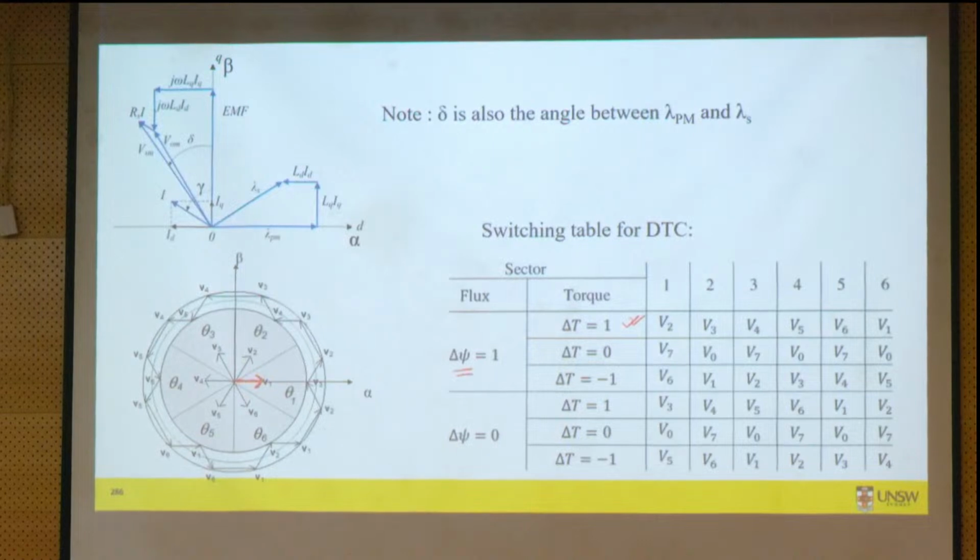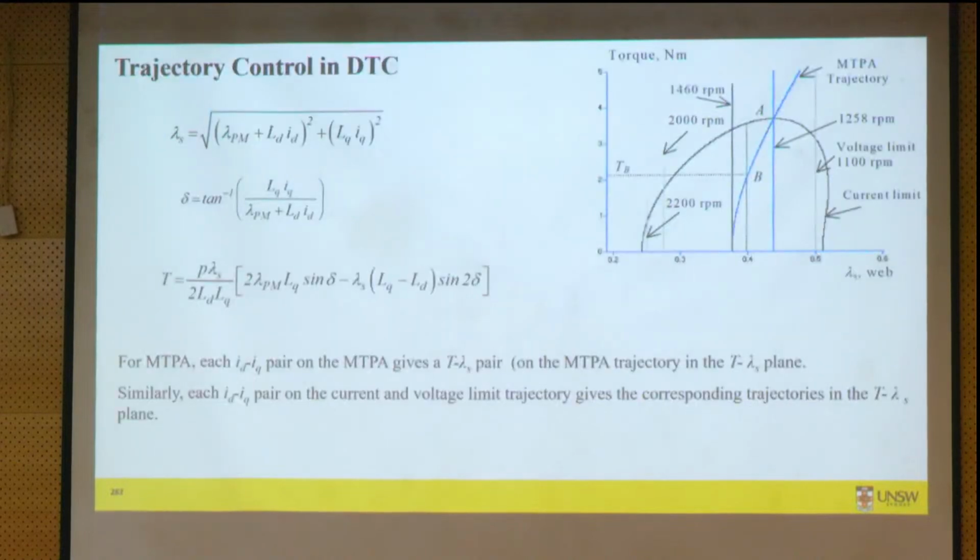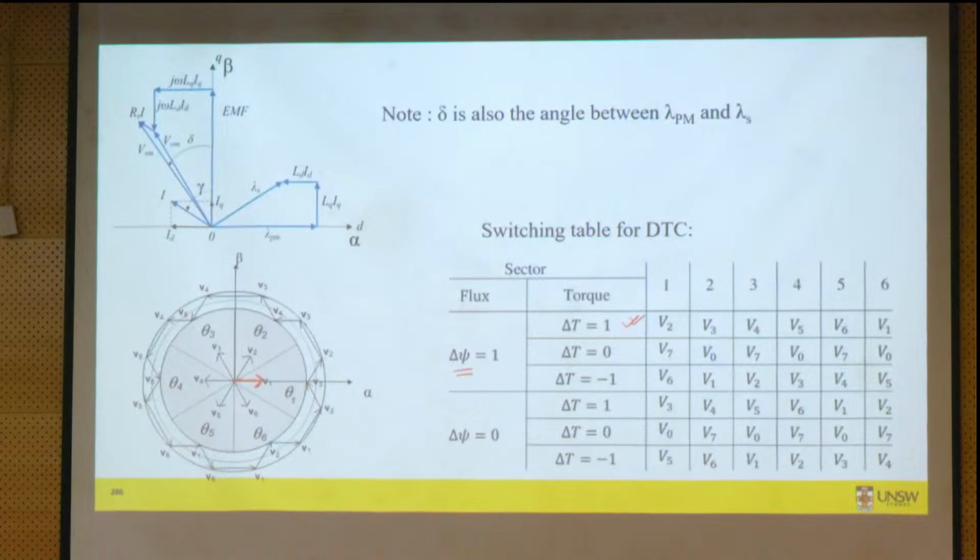If I want to now increase this voltage, I apply voltage V2 in the anti-clockwise direction so that the resultant voltage is increased. If the resultant voltage increases, flux linkage also increases, and torque also increases.